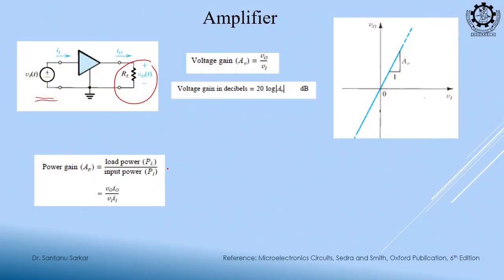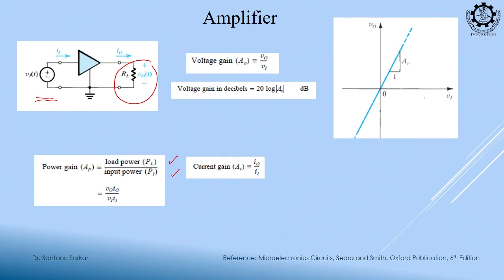So, if we talk about the power gain, this is load power PL and the input power PI. So, what is load power? The power delivered to the load, output voltage is V0, output current I0, multiply them. Input power, input voltage is Vi, and suppose input is providing a current of Ii, multiply them, okay, and take their ratio, this is your power gain.